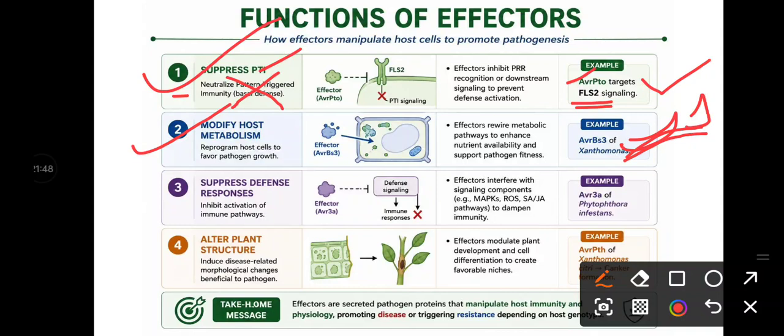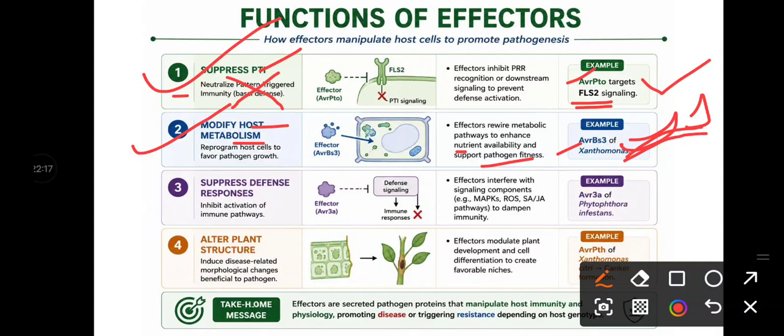By this it modifies the host metabolism. Examples are AVR-BH3 and TAL effector. Ultimately it rewires the metabolic pathway to enhance nutrient availability and support pathogen fitness. It will divert the nutrients for the growth of the pathogen.